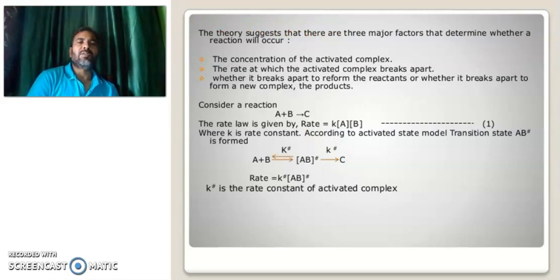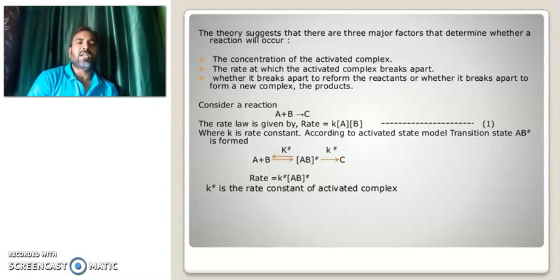The theory suggests that there are three major factors that determine whether a reaction will occur or not: the concentration of the activated complex, the rate at which the activated complex breaks apart, and whether it breaks apart to reform the reactants or to form a new complex, the products.